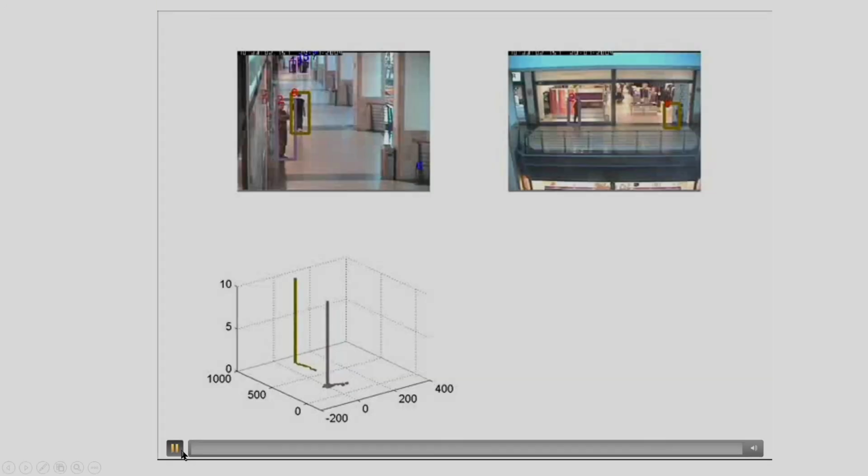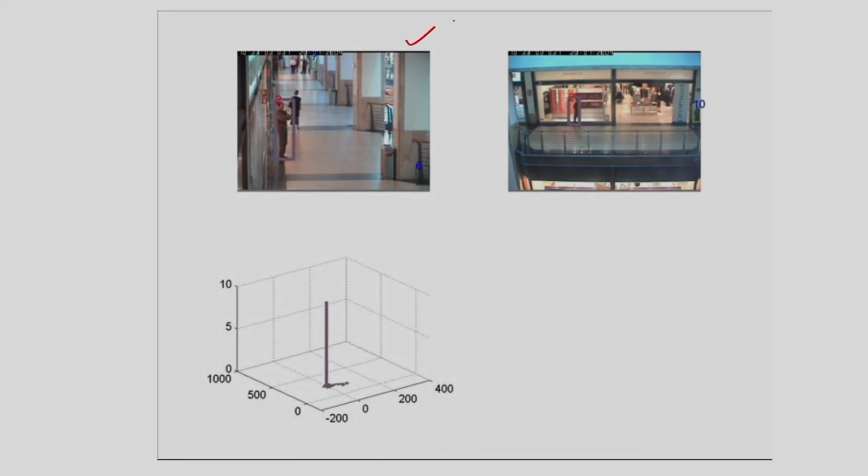And here I have shown one tracking example, the multiple camera based. Here I am considering two cameras, camera 1 and camera 2, and I am finding the correspondence between these two cameras, and you can see I am also doing the tracking, and also finding the trajectory of the motion. So all these persons are tracked.